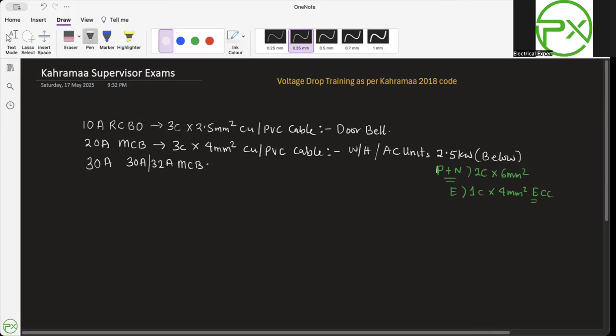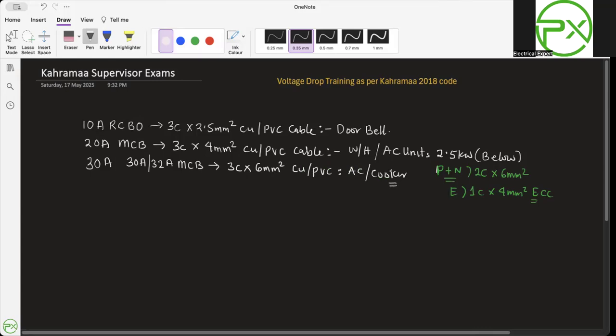So I can either use 30 or 32, no problem with that. In this kind of condition, I will use 3-core with 6 square cable, of course copper PVC, and I consider the AC unit and cooker to also fit in here.